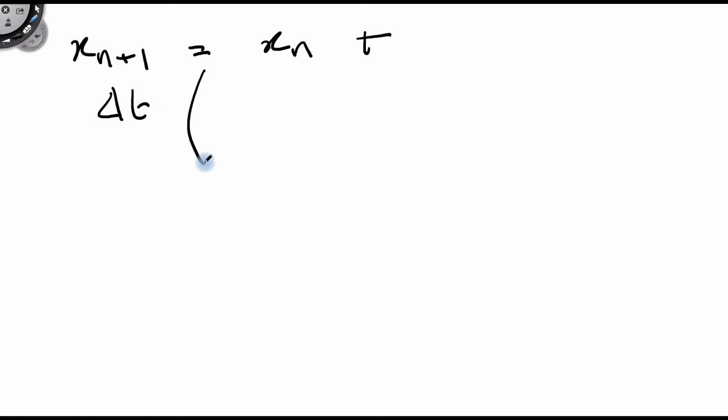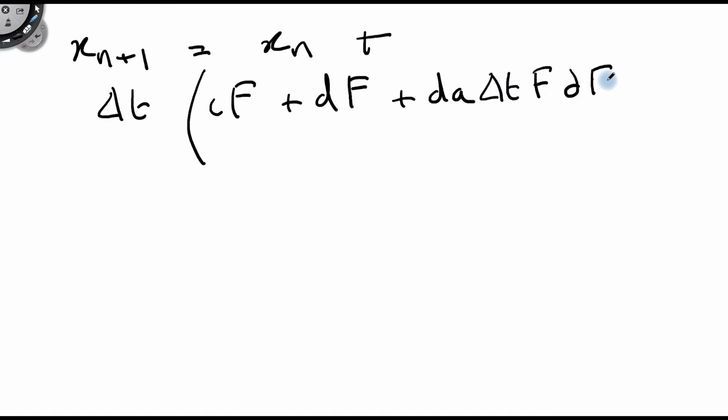So you put that together, then we have that x_{n+1} equals x_n plus all this stuff, delta t times c f plus d f plus d a delta t f partial f by dx plus d b delta t partial f by dt.